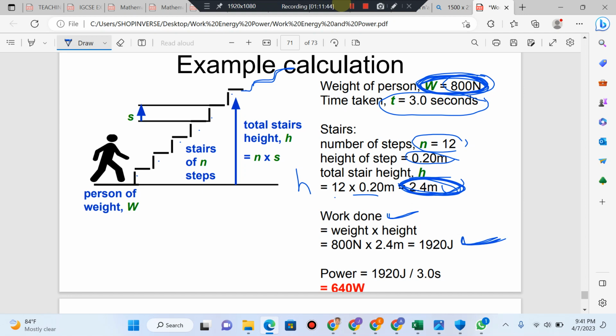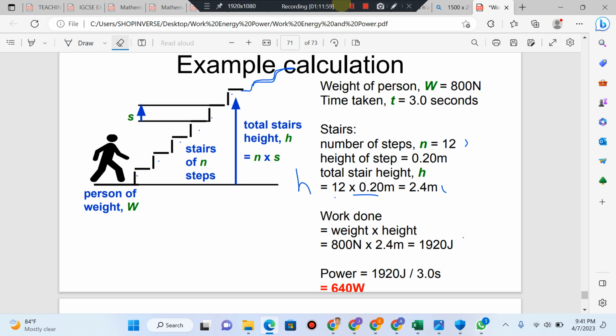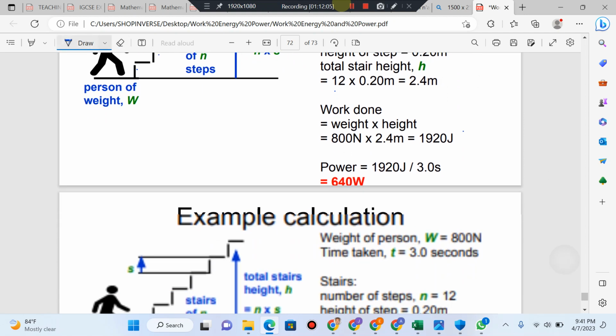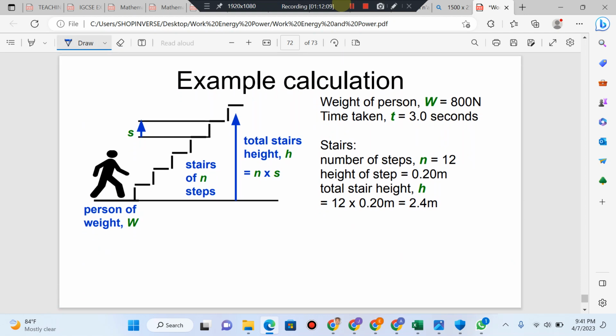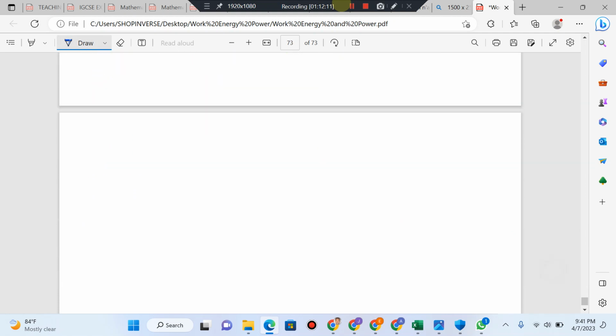To get the power, just divide the work done by the time. The time is 3 seconds, so divide the work done by 3 seconds and you get the power. It's easy, right? Of course it is easy. That's physics for you. Physics will always be easy as long as you create time to study physics. So that is it.